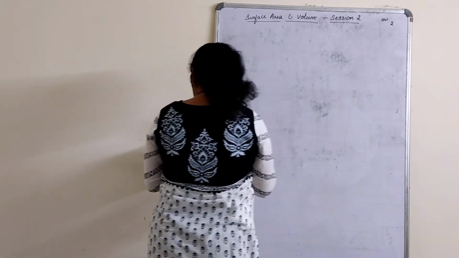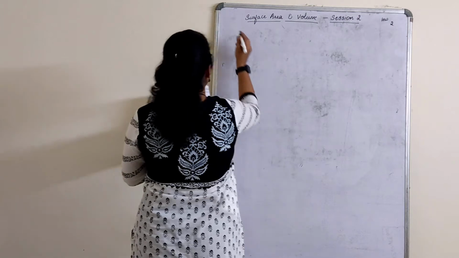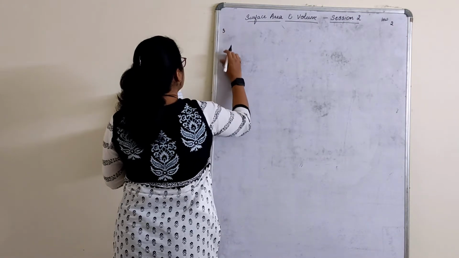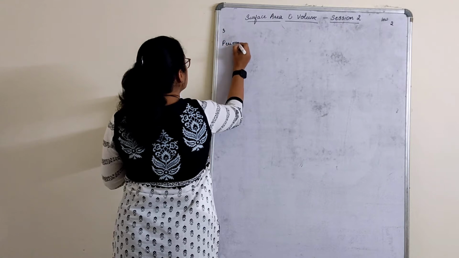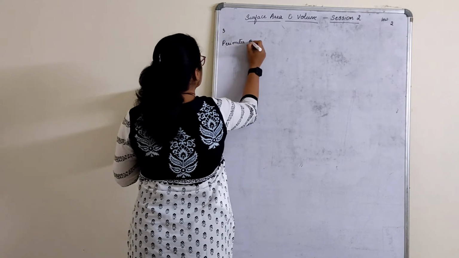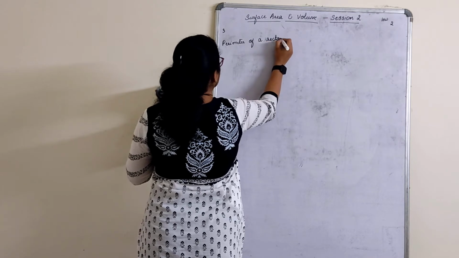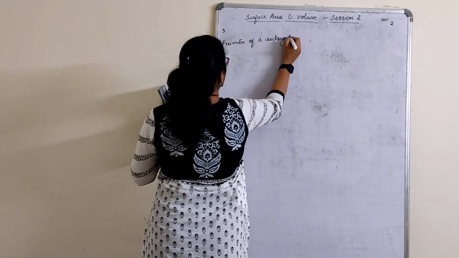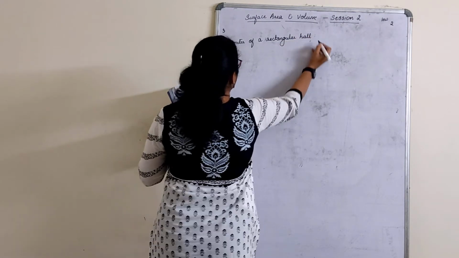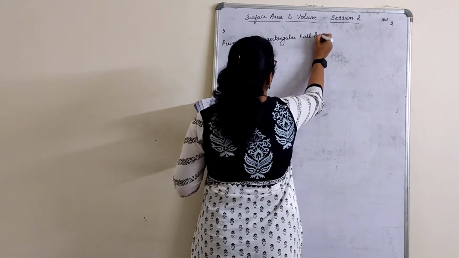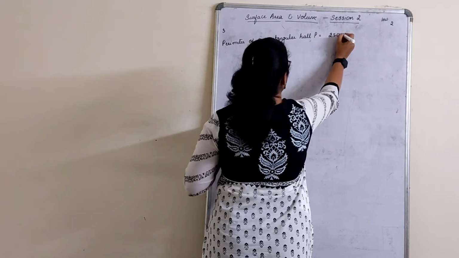A floor of a rectangular hall has a perimeter 250 meter. So third one, perimeter of a rectangular hall. I'll write P is equal to 250 meter.